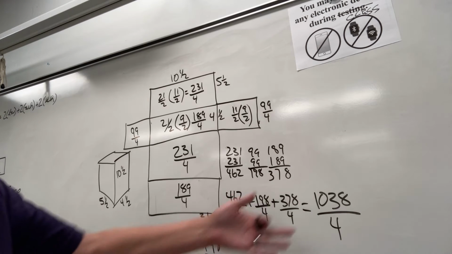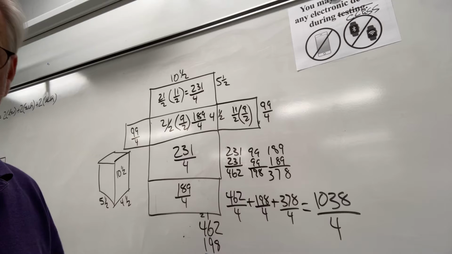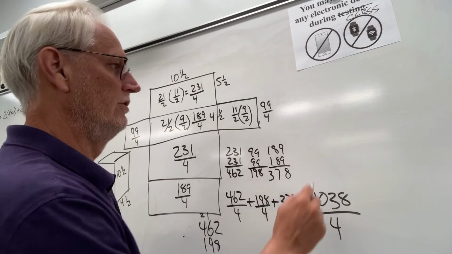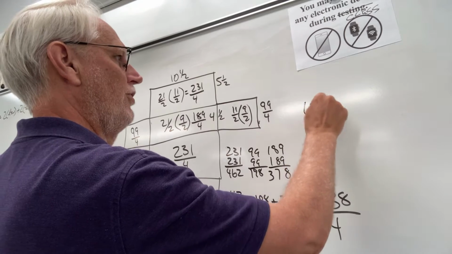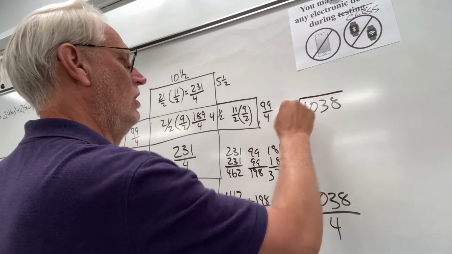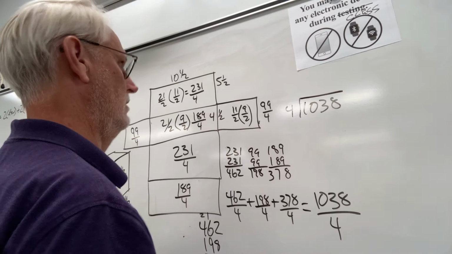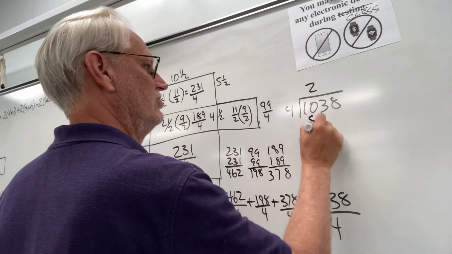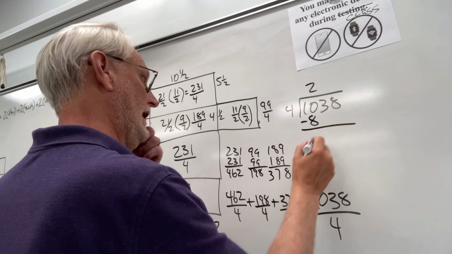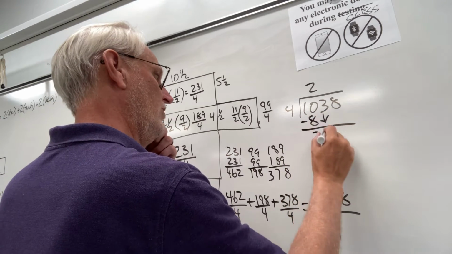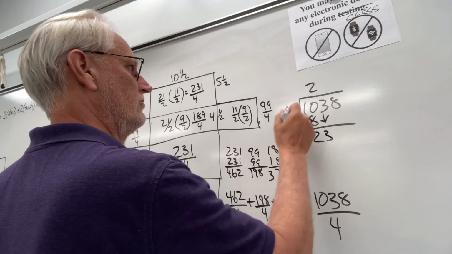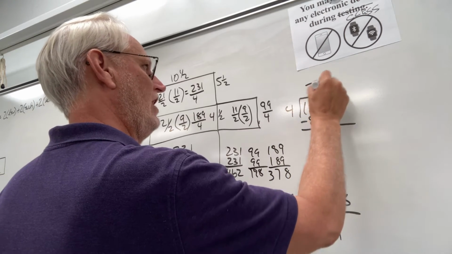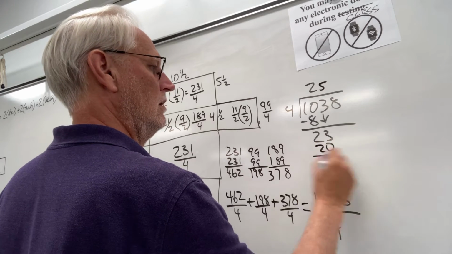Now, all we're going to do, this is a basic division problem. So we're just going to do 1038 divided by 4. So 4 goes into here 2 times, which is 8. Subtract, you get 2. Bring down the 3. So that's going to be 40, that's going to be 5, which is 20.